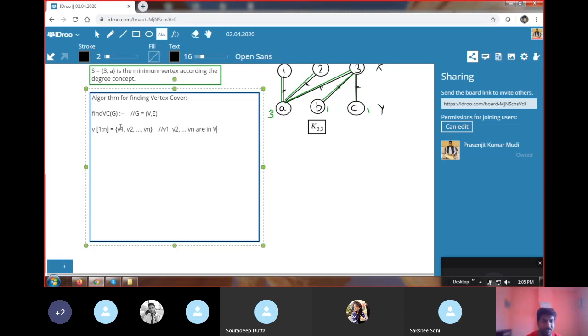You copy all the vertices into the array, and then you sort v1 to n in non-increasing order of degree.